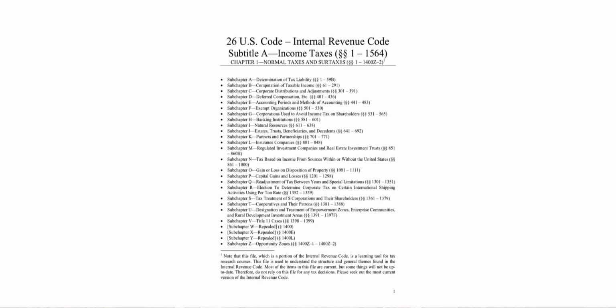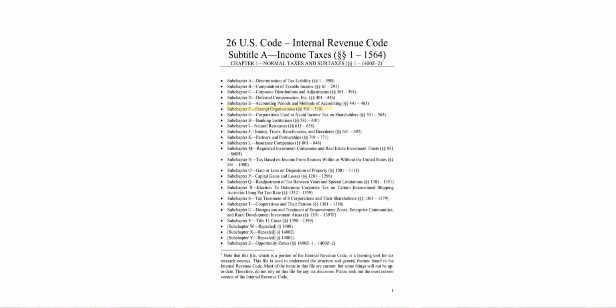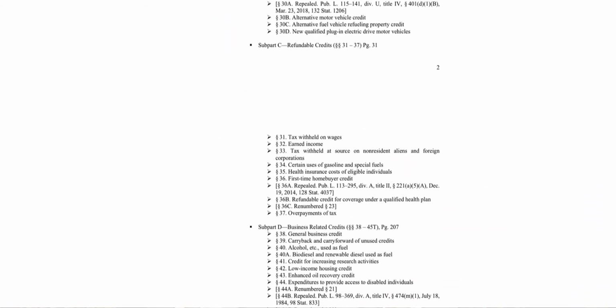All right, so here is our table of contents as we've been using. Again, subchapter F deals with exempt orgs. Even if you didn't know that, or forgot it, you could see exempt orgs. So let's go ahead and look at subchapter F. Their normal activity is providing food and shelter to the homeless, and that seems like something you would be provided tax exempt status for.